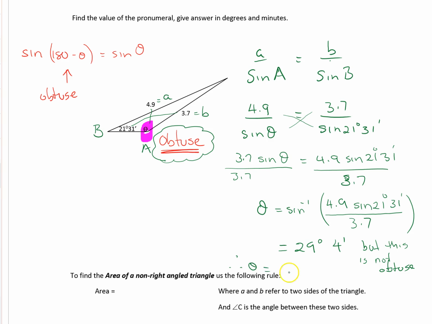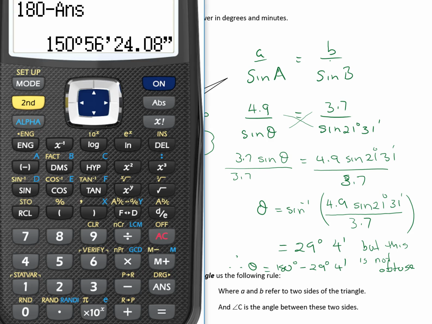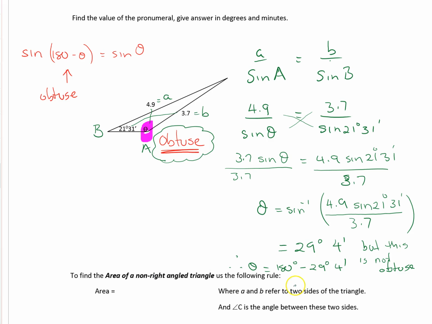Therefore, theta is 180 minus 29 degrees 4 minutes. You can see that that's 150 degrees 56 minutes, the seconds are less than 30. So we've got 150, 56. And there's your answer, theta.